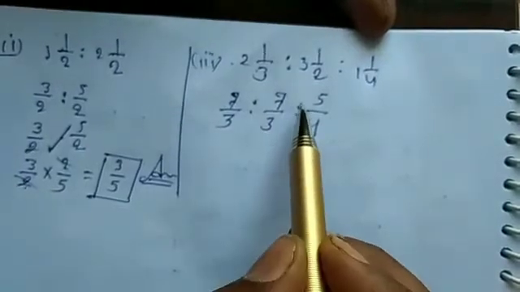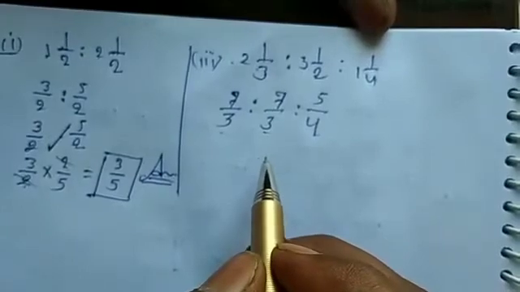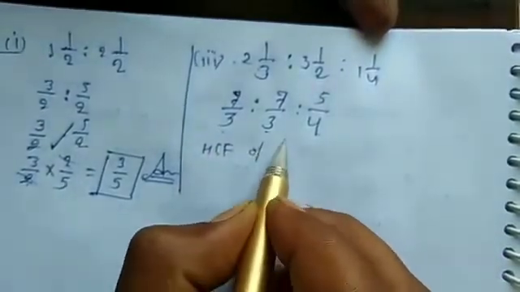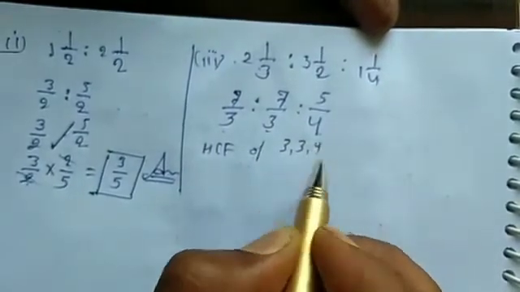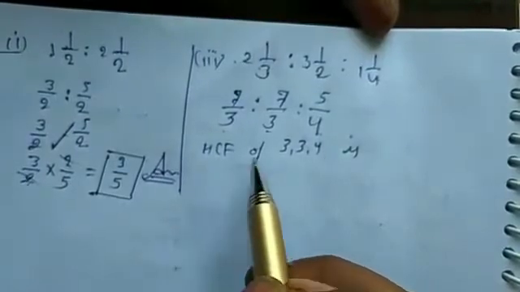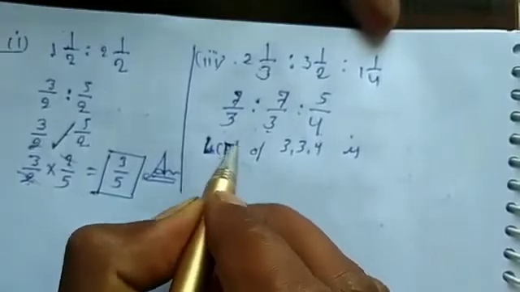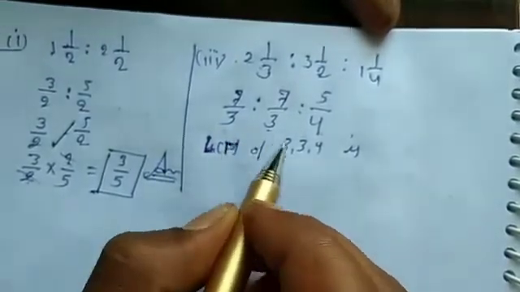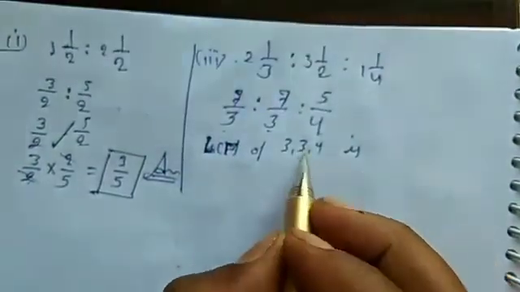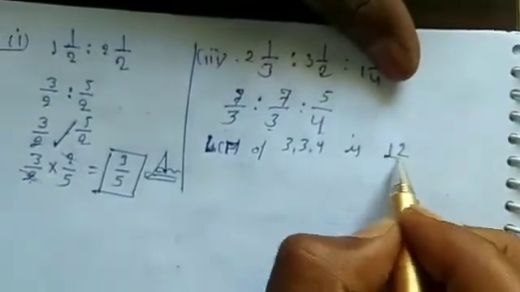In 3 or 4 terms, we have to take the HCF of the denominators. Sorry, LCM, not HCF. We have to take the LCM of the denominators. So their LCM, the LCM of 3, 3 and 4 is 12. It means LCM will be 12.